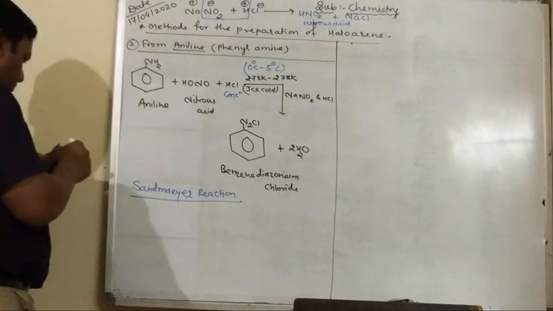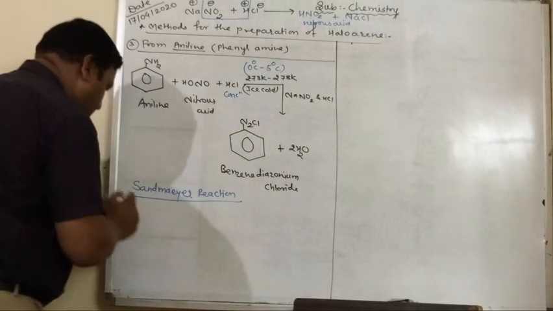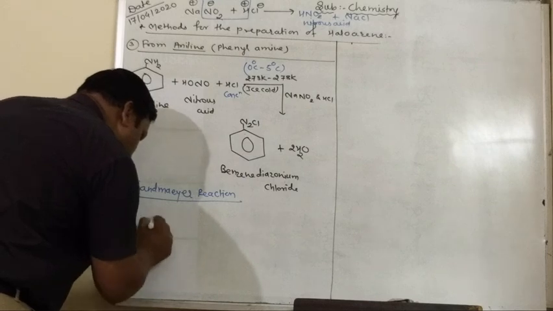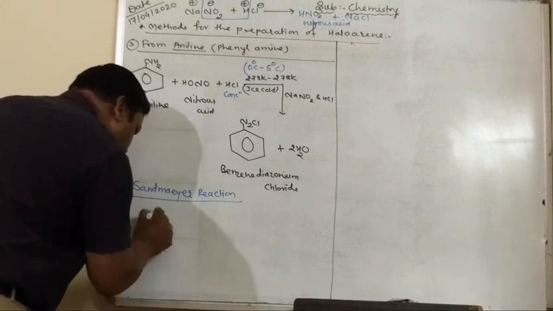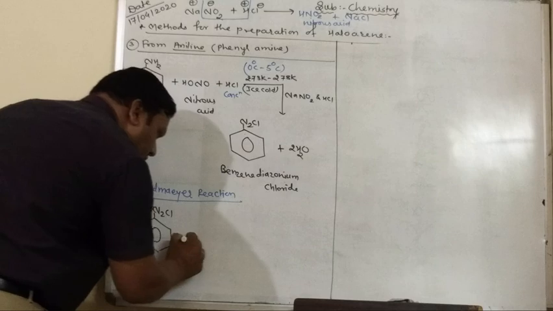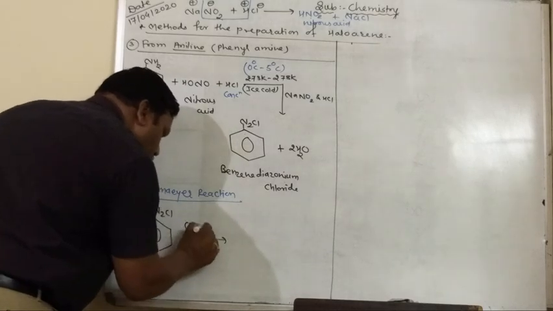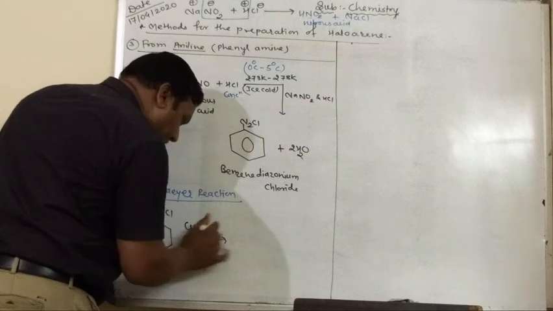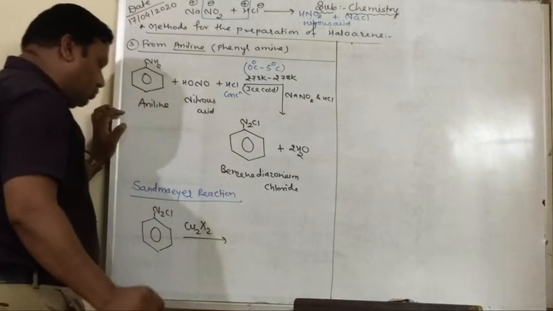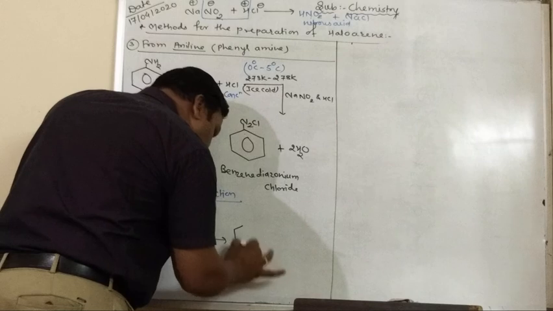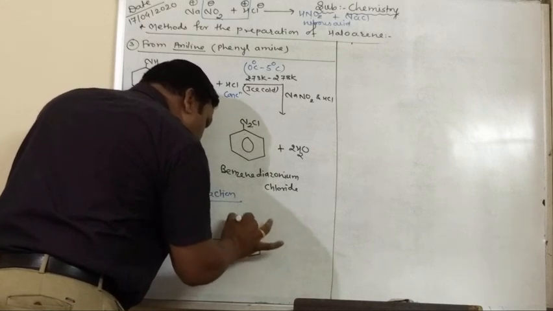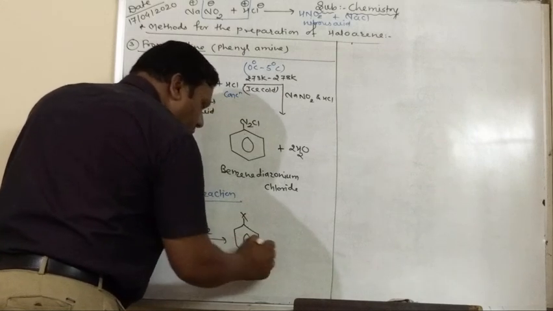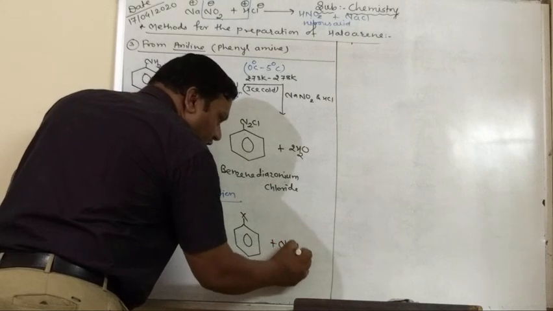Now next is Sandmeyer reaction. It says that when benzene diazonium chloride, N2Cl, reacts with cuprous chloride or cuprous halide, Cu2X2, you will get halobenzene and removal of N2.